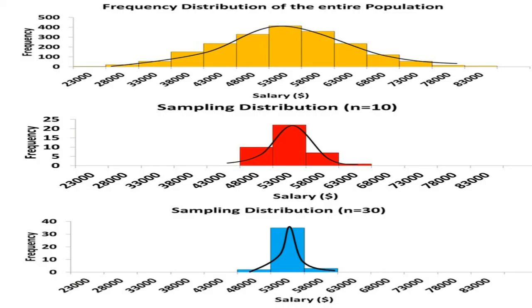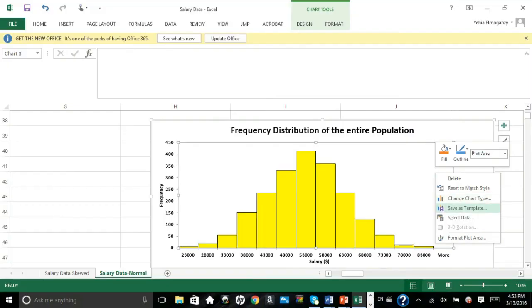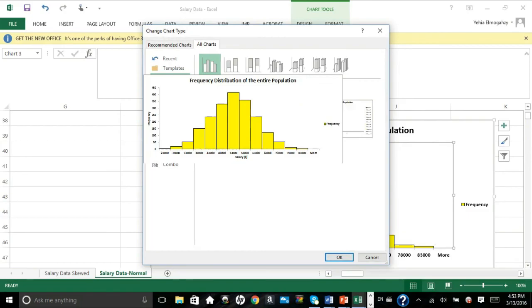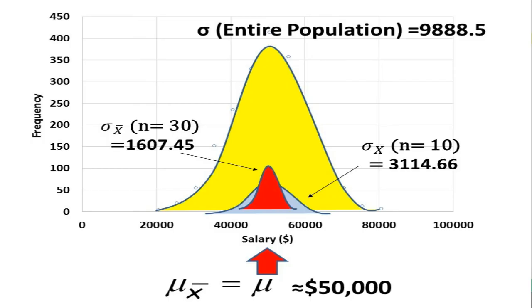Keep in mind that these all came from a real normal distribution, which is this one here, which is the entire population. So you start with a normal distribution population, you end up with a sampling distribution that's more or less normal by virtue of the central limit theorem.